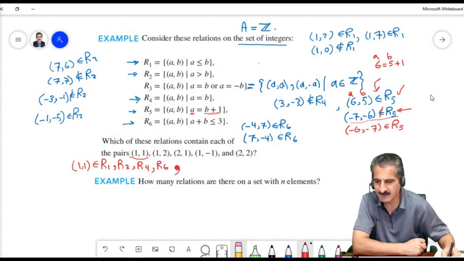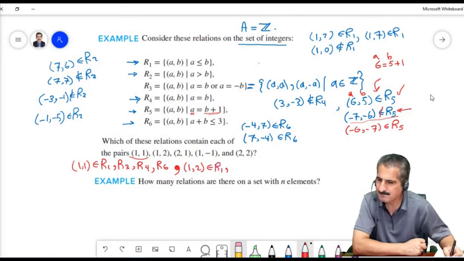And for sure (1, 1) does not belong to any other relation. What about (1, 2)? Does it belong to R1? Yes. Does it belong to R2? Is 1 greater than 2? No. Does it belong to R3? No. To R4?